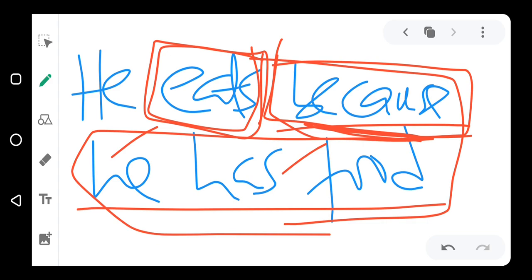So we can ask ourselves, why does he eat? He eats because he has money. So it answers the question correctly. So we conclude that this is an adverbial clause of reason.